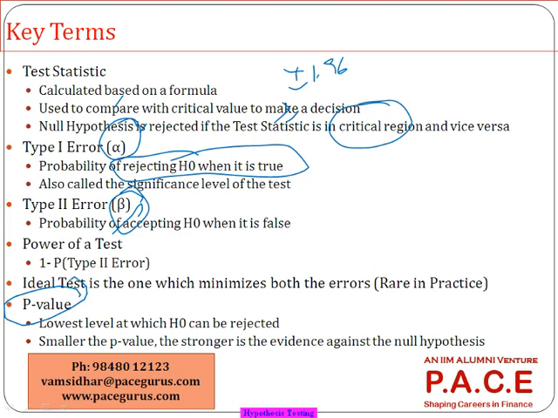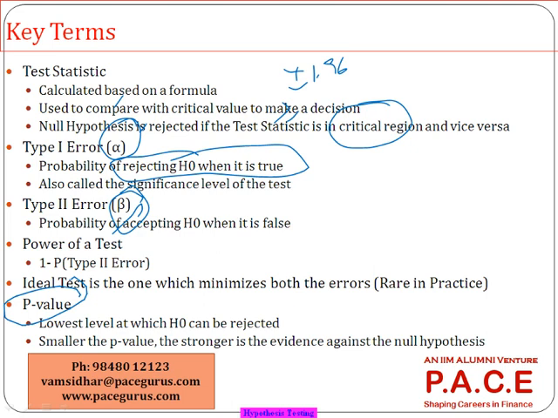P-value is nothing but the probability value. It's the lowest possible level of significance at which the null hypothesis can be rejected.